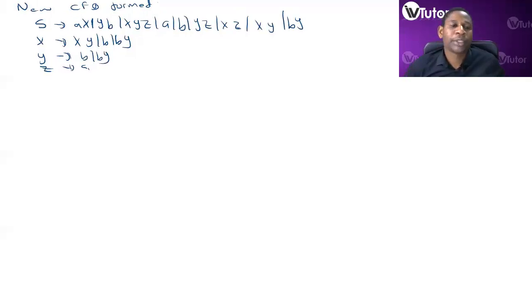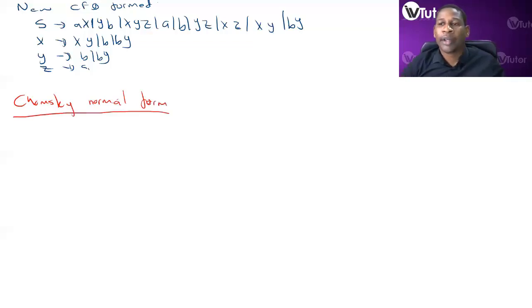Right, next we have got Chomsky normal form. We do our 2 steps. First, we need to convert these to non-terminal going to non-terminals only.